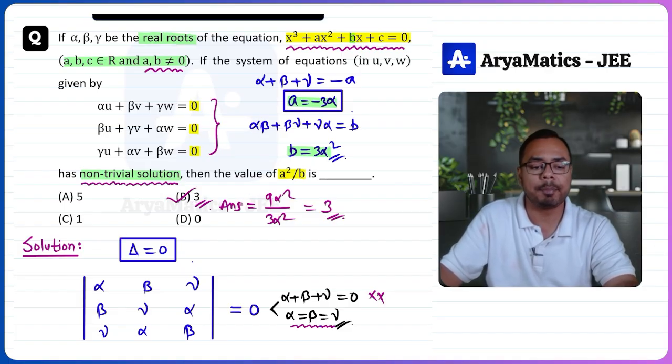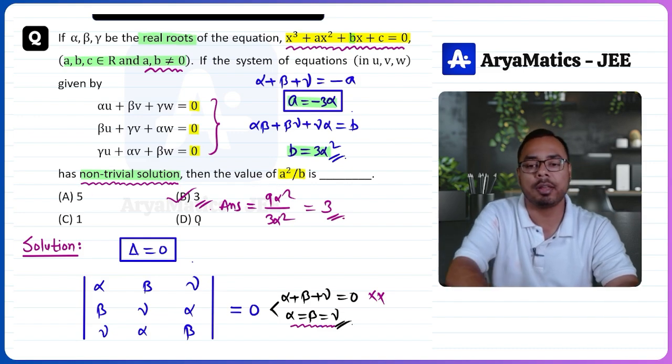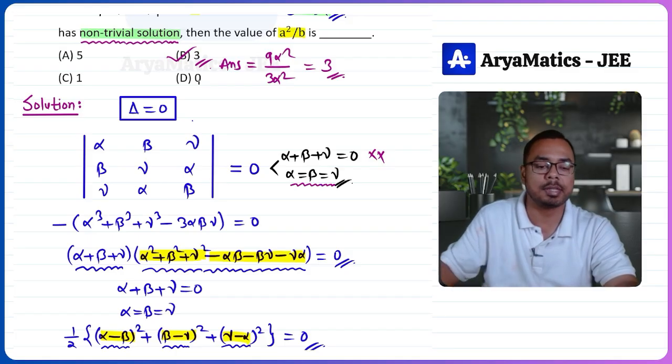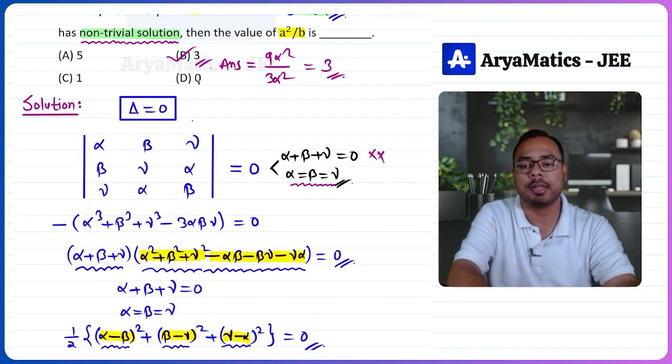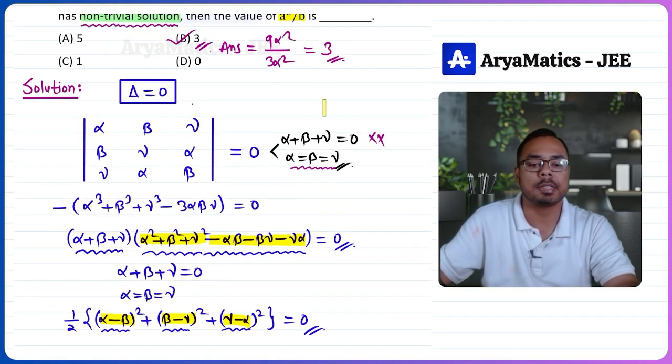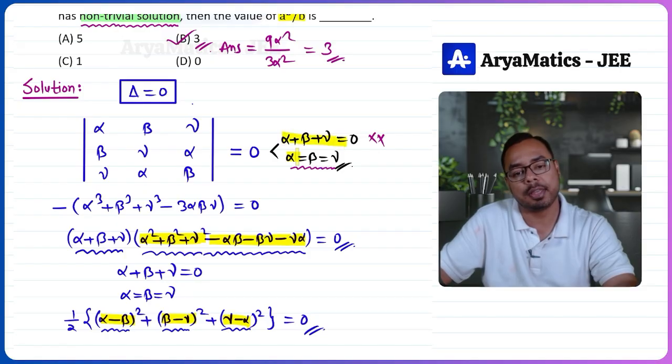Right. So in this problem, using the condition for a non-trivial solution, delta will be 0. For a homogeneous system of linear equations, for a non-trivial solution, delta must be 0. And delta was the cyclic determinant. The cyclic determinant is 0 only when alpha plus beta plus gamma is 0, or alpha, beta, gamma, all of these three, are the same.